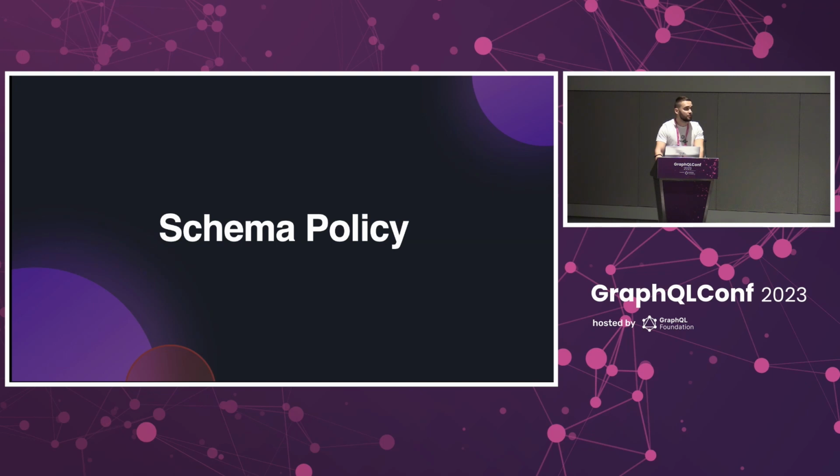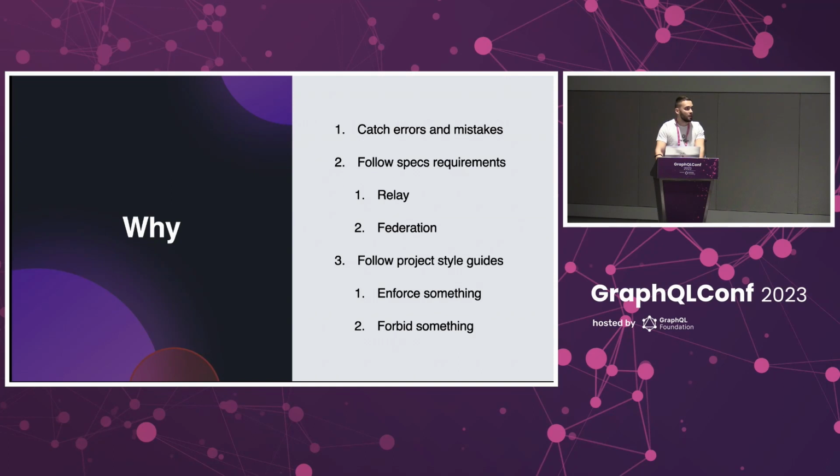So today's topic is schema policy. And why do you need it? I wrote: catch errors and mistakes before building your schema, follow spec requirements like Relay or Federation, follow project style guides, enforce something or forbid something.